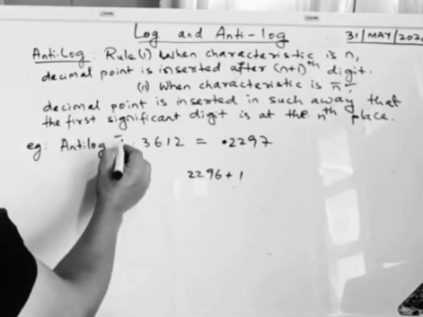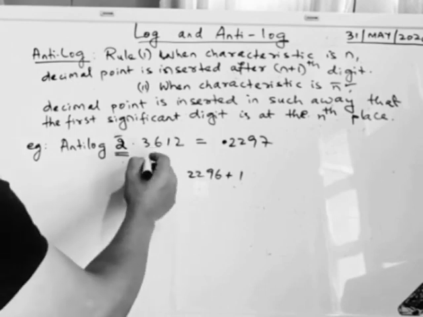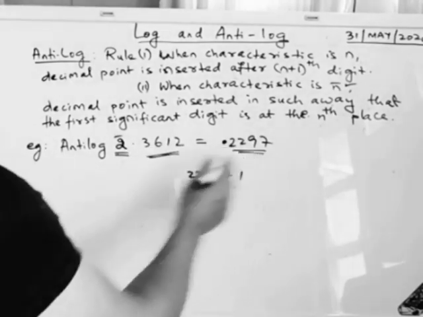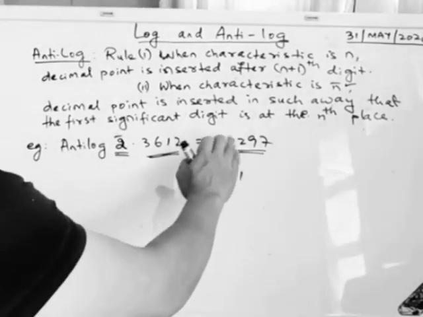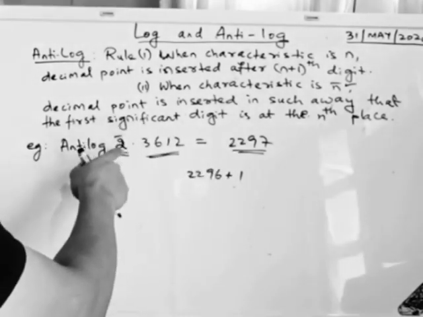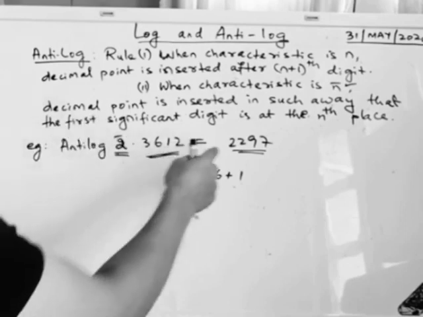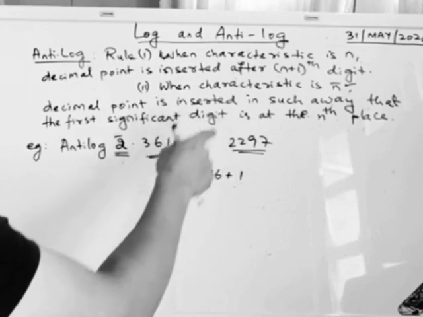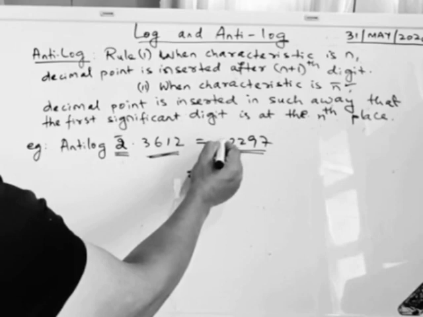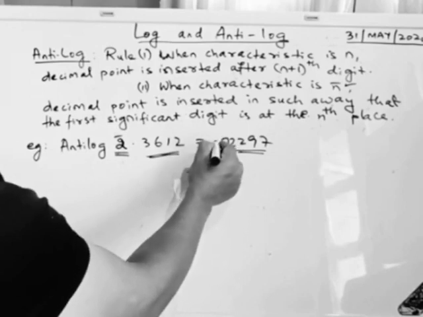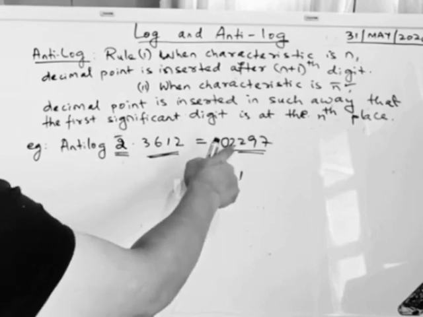Suppose this is 2 bar. Our antilog value will be the same, but where the decimal point goes will be different. Since the characteristic is 2 bar, the first significant digit 2 must come at the second place. That means we should add a 0 here, and the decimal point must be here. After the decimal point, the first significant digit 2 comes at the second place.